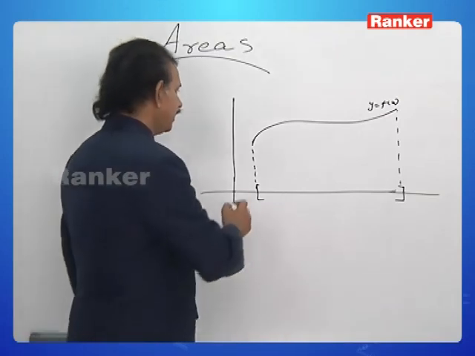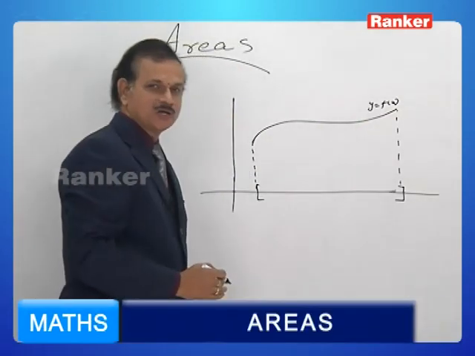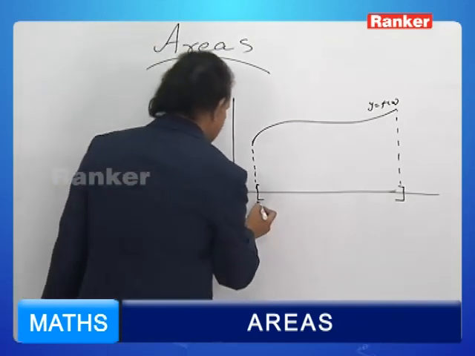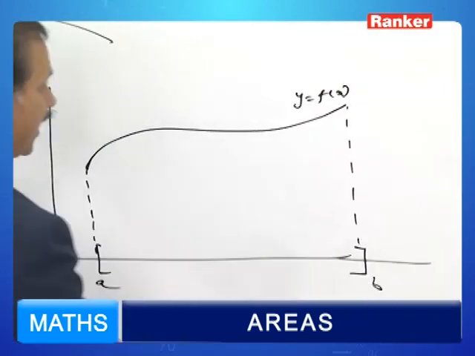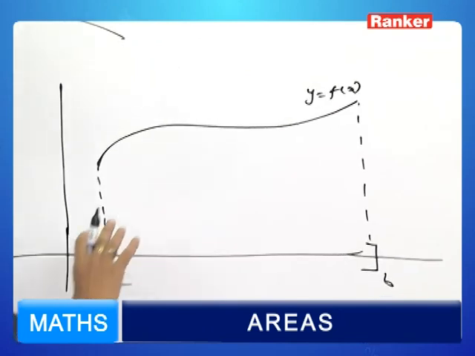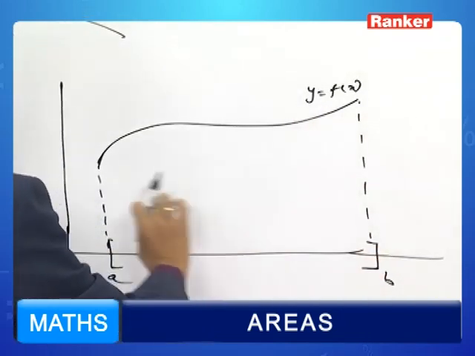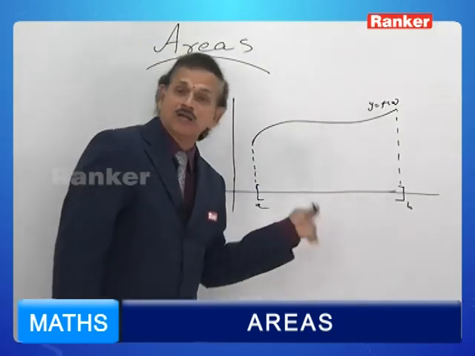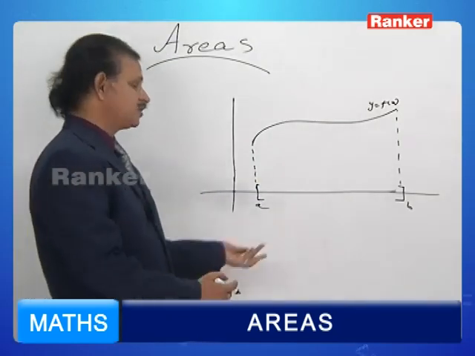So, the graph itself looks continuous and bounded between a and b. The supremum of f of x is this and the infimum of f of x is this. What I mean to say is the maximum value and minimum value of f of x surely exist.